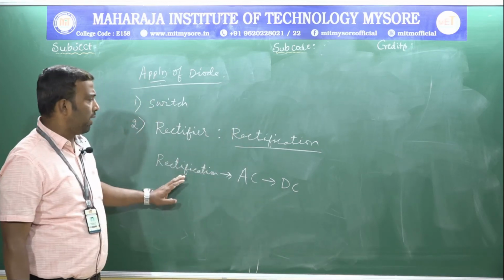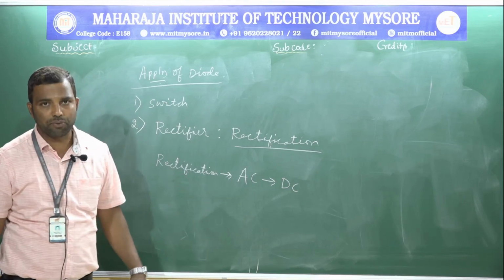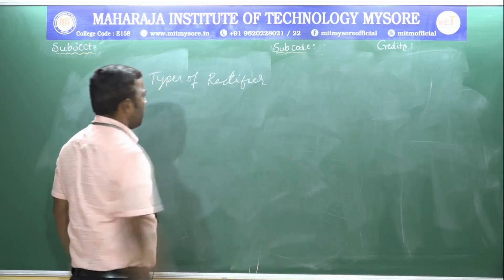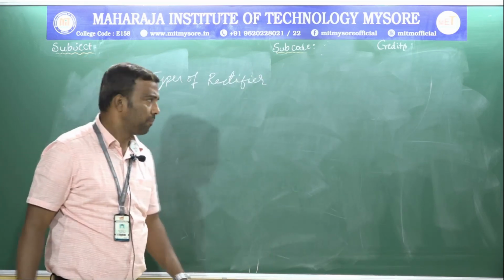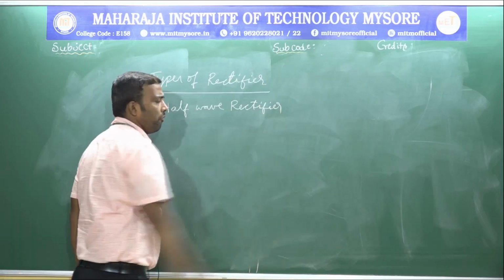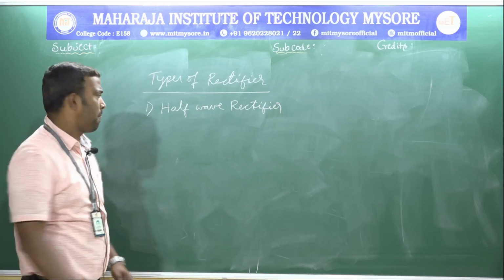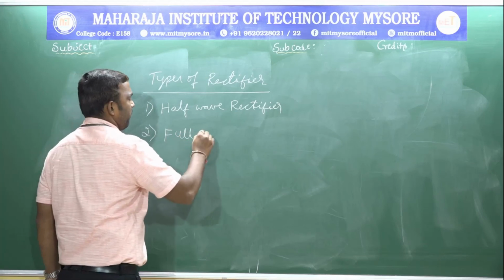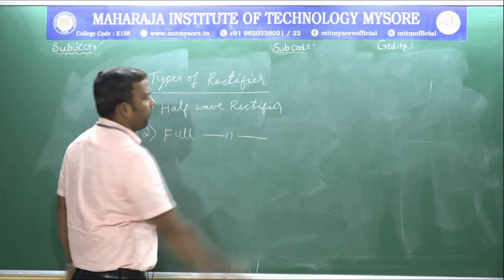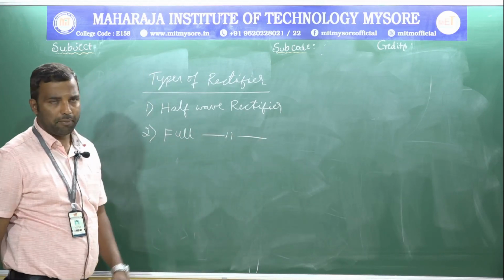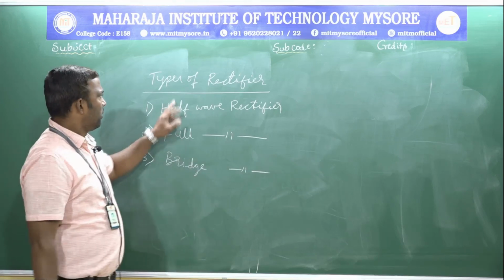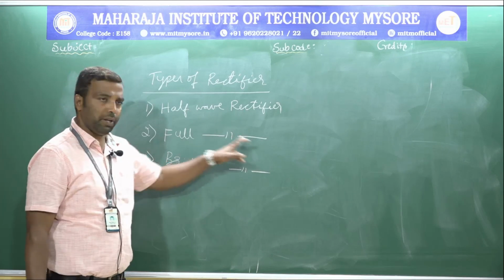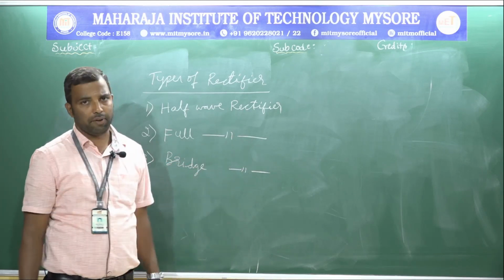Here in rectifiers, again there are different types. Types of rectifier: the first is the half wave rectifier, the second is the full wave rectifier, and the third is the bridge type rectifier.